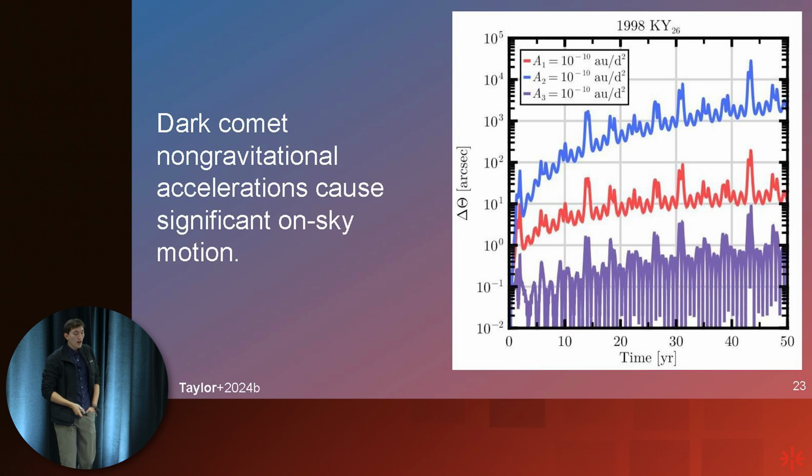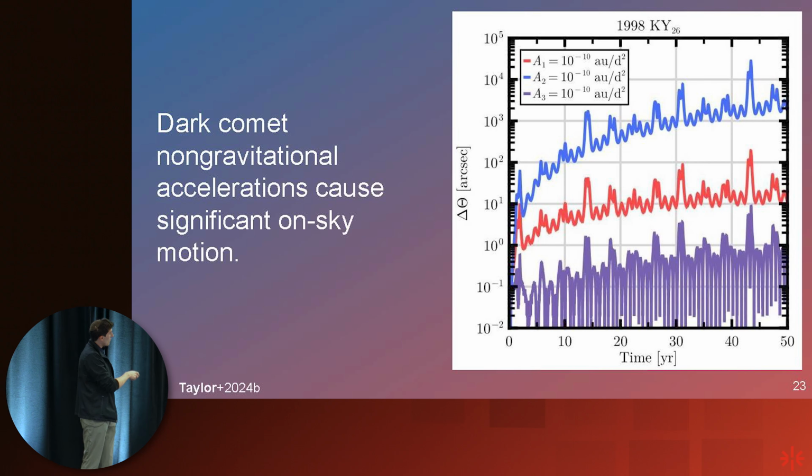And we've shown that these accelerations can cause a lot of on-sky motion. This is a plot of the change in on-sky position in arc seconds, which is a terrible unit that is 360th of a degree. There are 60 arc minutes in a degree, 60 arc seconds in an arc minute, because why would you do this in a time format?